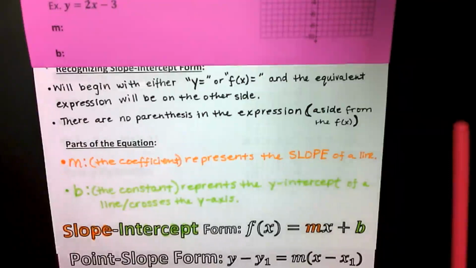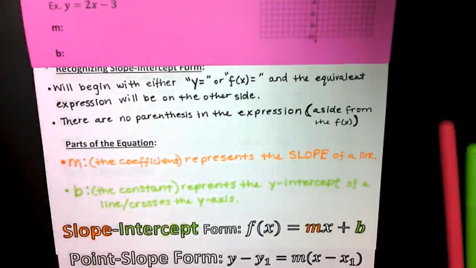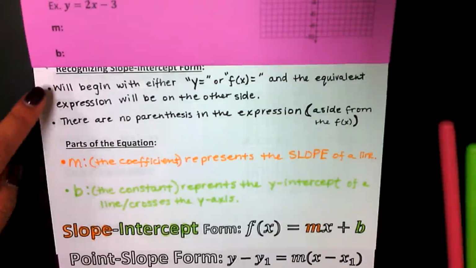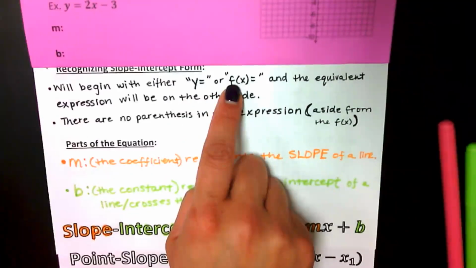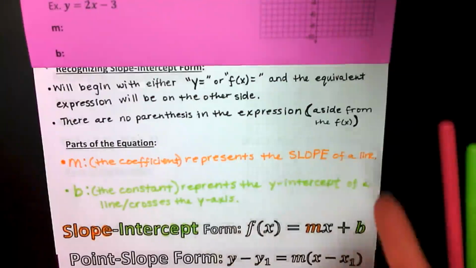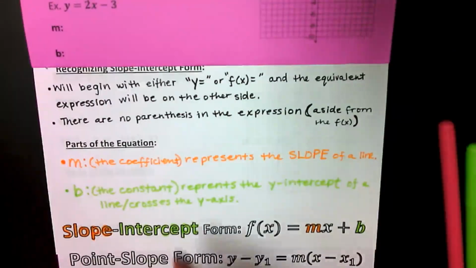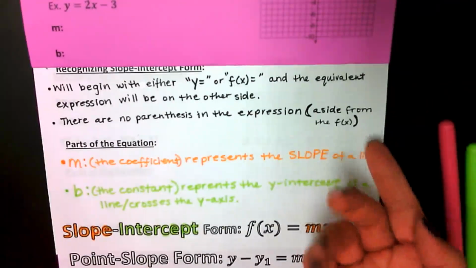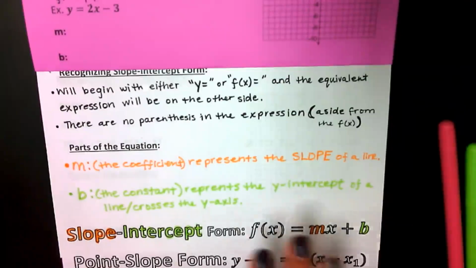And since it's going to be a number that is alone, just like we had learned last time, that will be a constant. To recognize slope-intercept, you'll notice that it usually begins with either a y equals or an f of x equals, and the equivalent expression will be on the opposite side of the equal sign. There will not be any parentheses in the expression, of course, aside from the f of x.